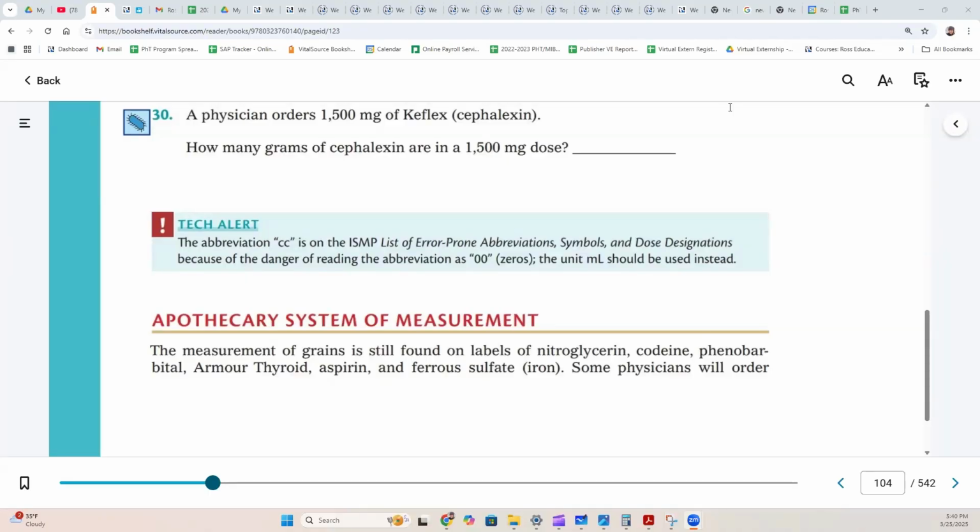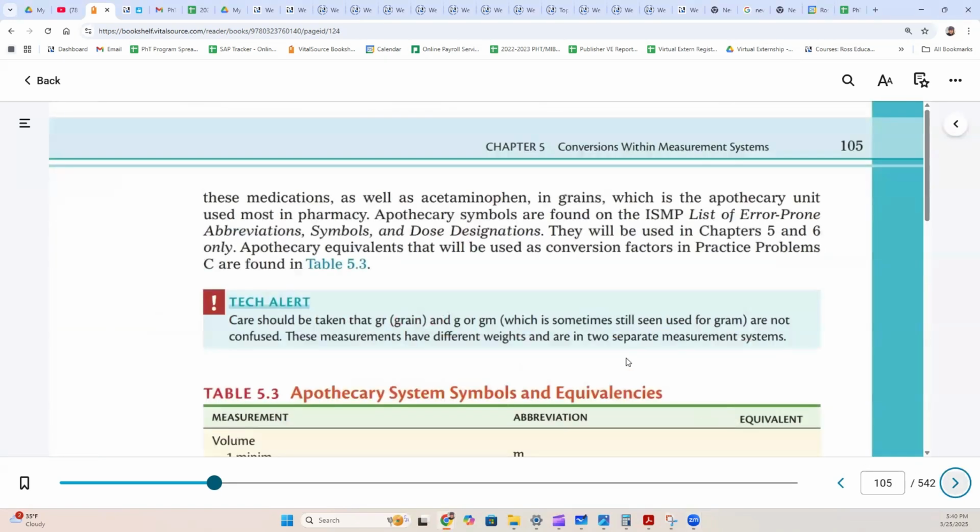Apothecary system of measurement. The measurement of grains is still found on labels of nitroglycerin, codeine, phenobarbital, armour thyroid, aspirin, and ferrous sulfate. Some physicians will order these medications as well as acetaminophen in grains, which is the apothecary unit used most in pharmacy.